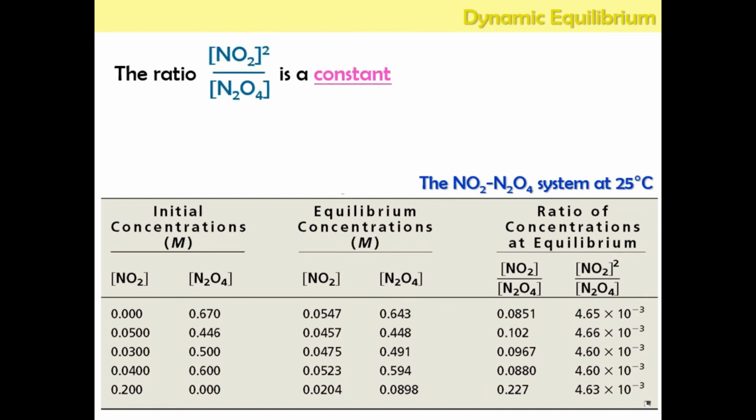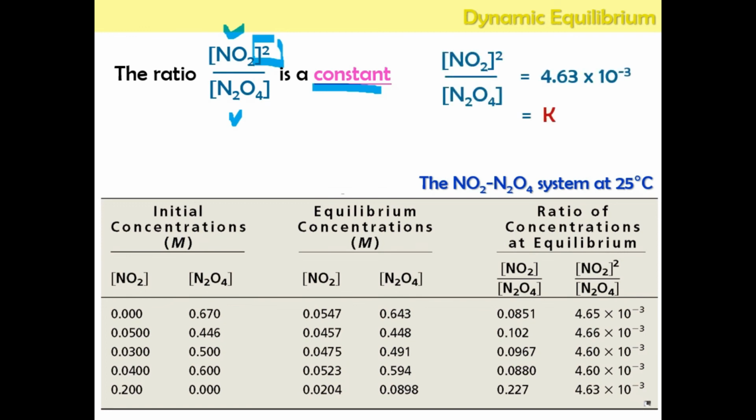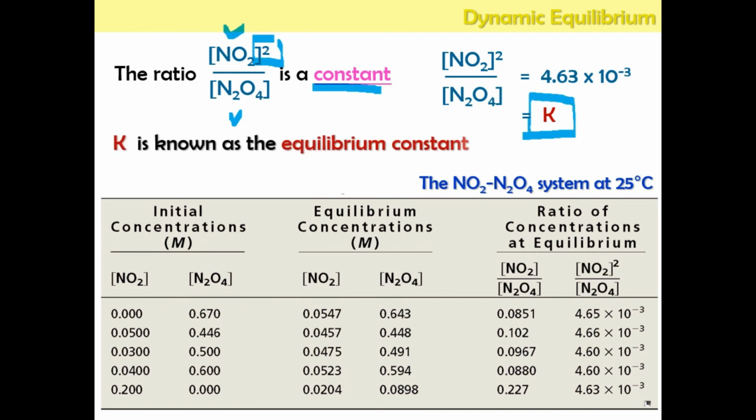The ratio of the concentration of NO2 to the concentration of N2O4, or product per reactant using the coefficients, is a constant, and we call it K. K is known as the equilibrium constant.